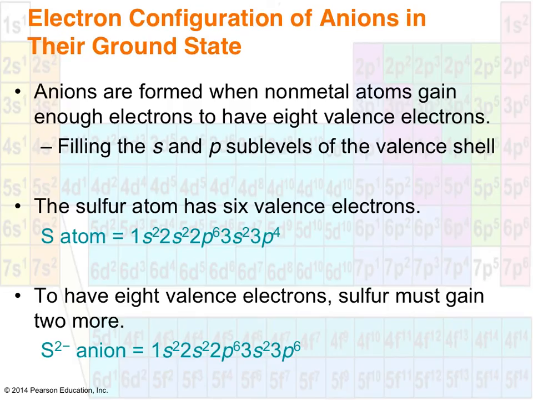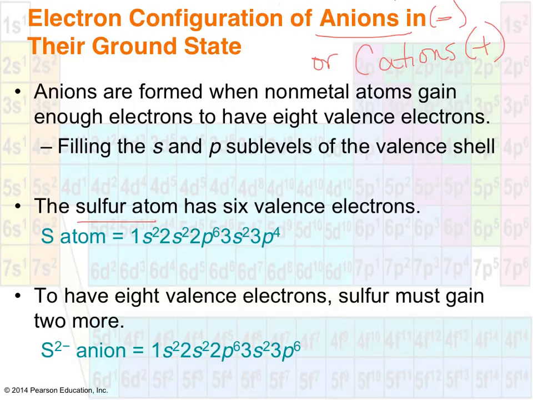You do need to be able to write the electron configuration for anions or cations. Anions are ions with a negative charge. Cations are ions with a positive charge. For example, look at the sulfur atom. Its neutral electron configuration is here.